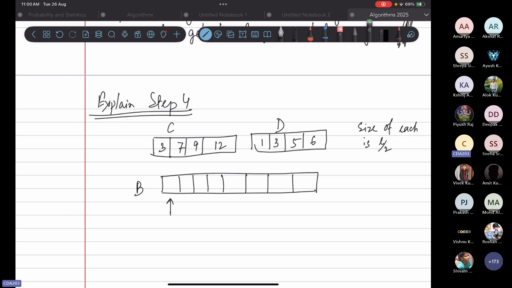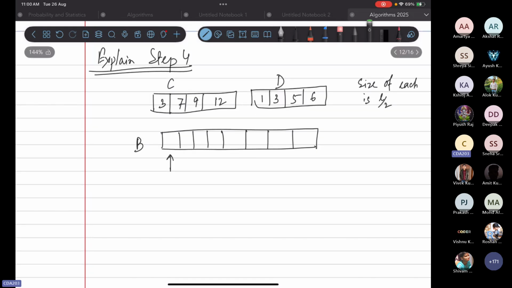It's the smallest, right? Suppose, let me put the same question in a slightly different form.